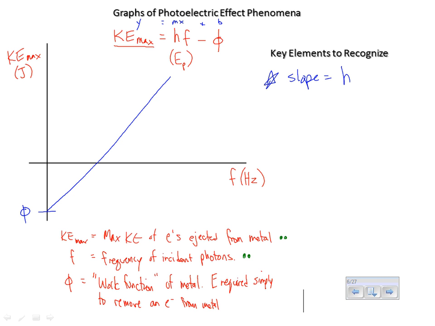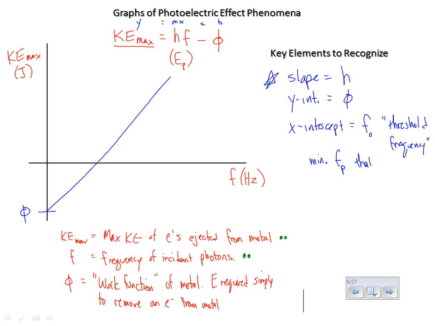The y-intercept equals negative phi. The x-intercept is something we call f naught, the threshold frequency, and that is the minimum frequency of a photon that will result in electron ejection.